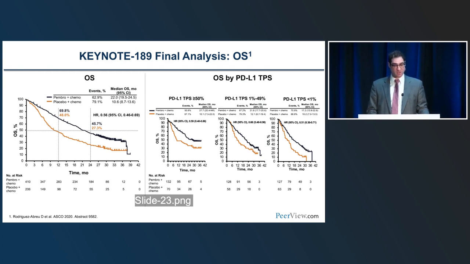Overall survival broken down in the panel on the right by PD-L1 TPS, you could see that PD-L1 low subgroup and PD-L1 negative subgroup also substantially benefited with improved survival with chemotherapy and pembrolizumab. Therefore, this has become a standard of care for those patients who are PD-L1 low.